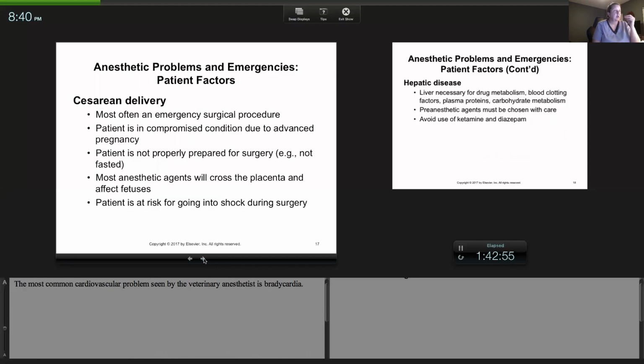Now, let's talk about some more patient factors. And now we're getting into actual procedures. So if we're going to do a cesarean section, now there's two forms of C-sections. A lot of times how I've dealt with it, it's an emergency. The dog is in labor, not delivering puppies, a puppy is stuck, or she has what's called uterine inertia and she can't contract.